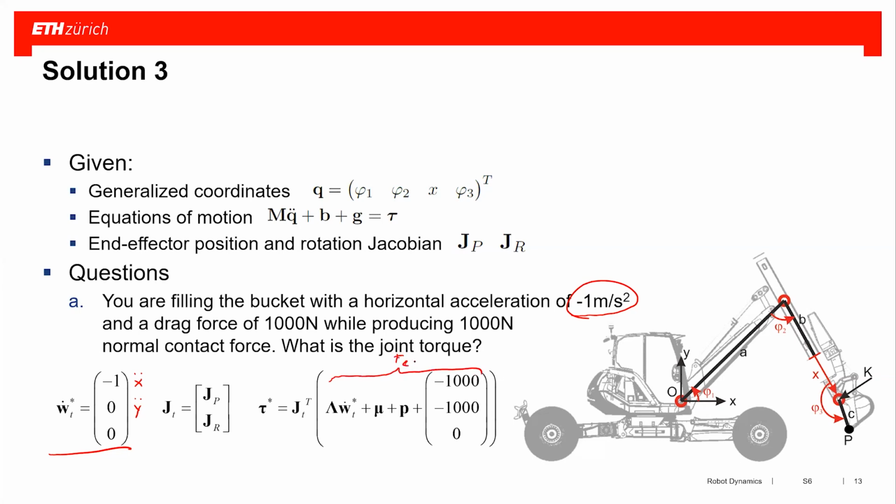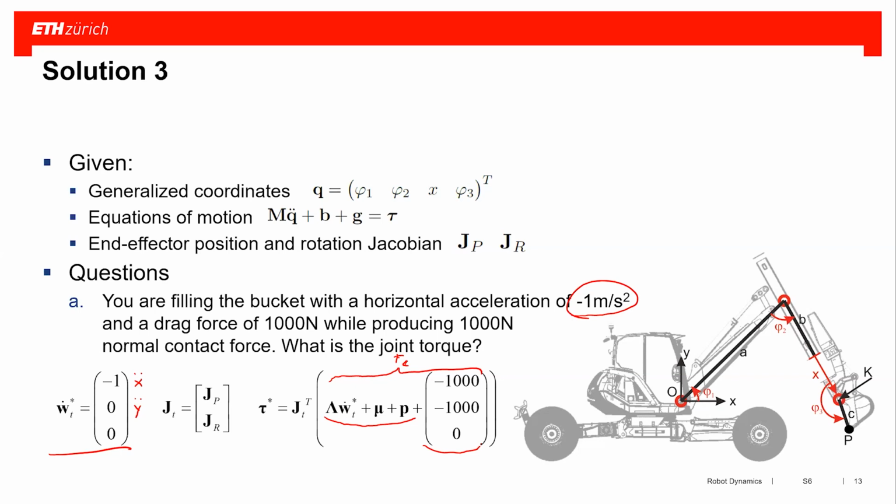the operational space force, which is composed of one part here, which is the part that is required to move the system, and there's a second part that is required to produce the force.